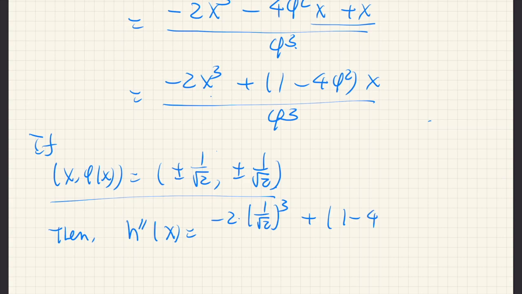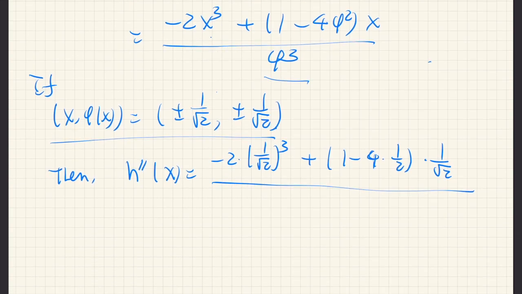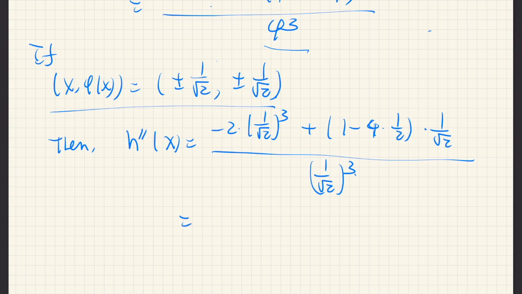So that is, if we square it, we have 1 over 2 and 1 over square root of 2. And phi cubed is 1 over square root of 2 cubed. Okay, so what is it?